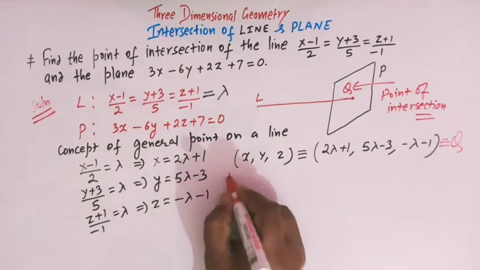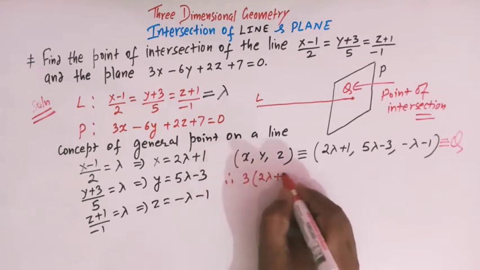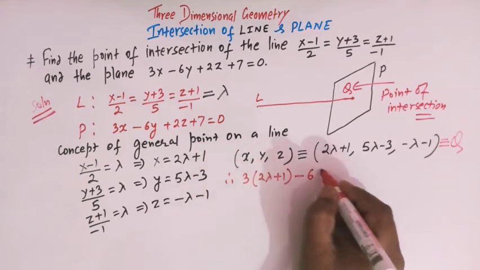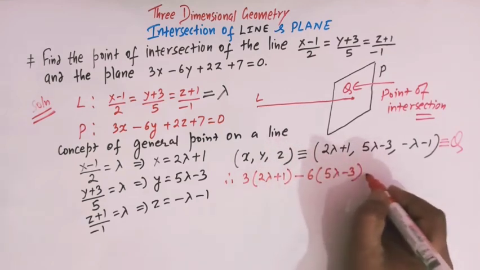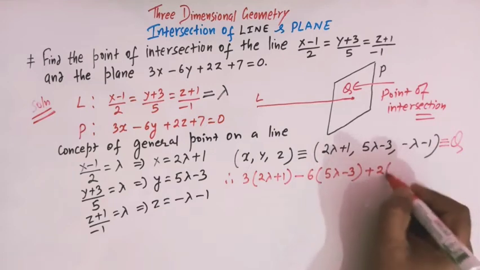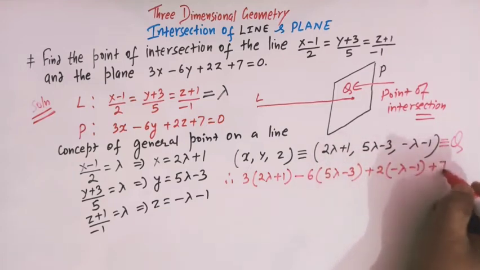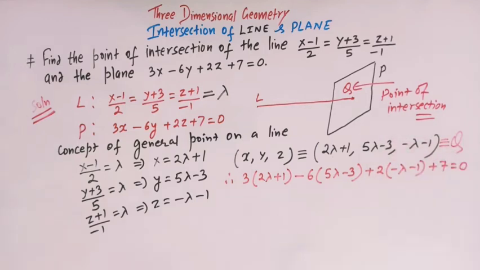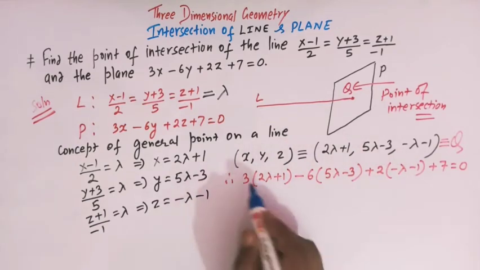So now we have 3 times (2 lambda plus 1), then minus 6 times (5 lambda minus 3), then plus 2 times (minus lambda minus 1), and then plus 7 is equal to 0. Now this is a simple linear equation in lambda, and we can solve it easily.